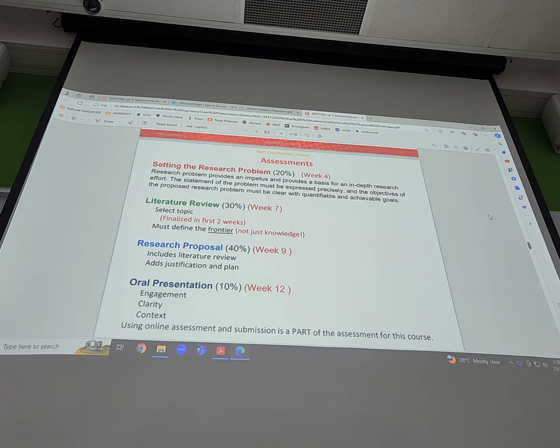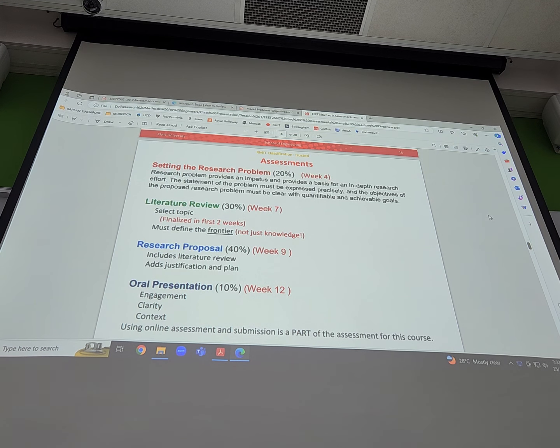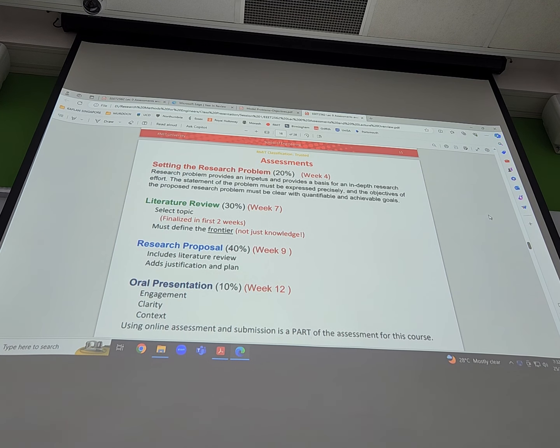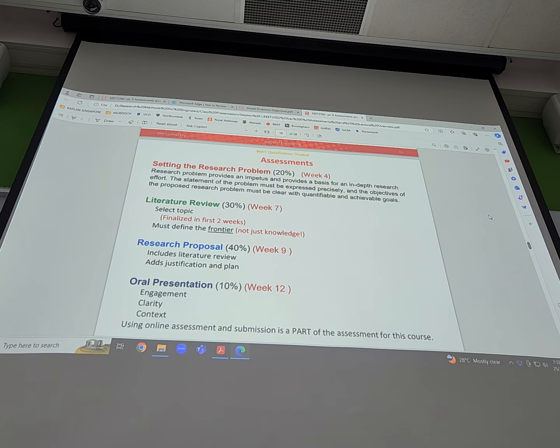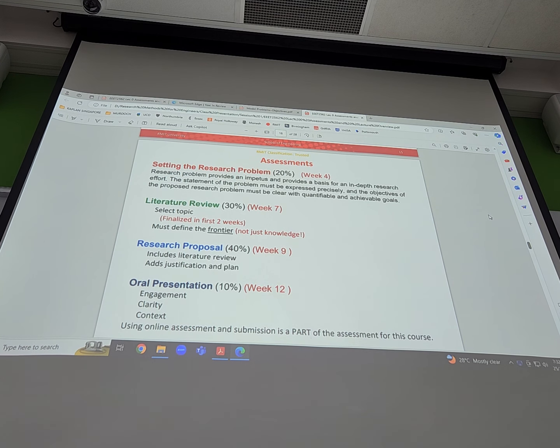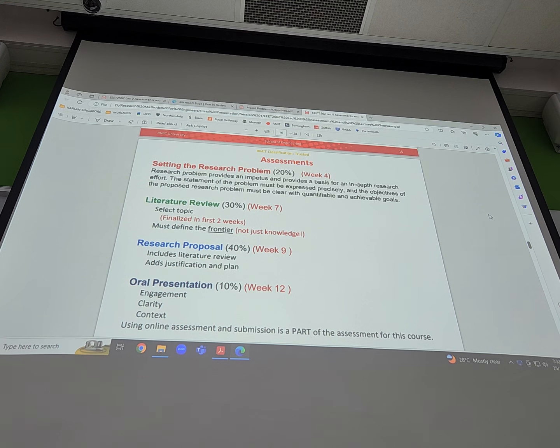Then the next one is the literature review. You can see you have 30% weightage for this. All the deadlines have already been put on Canvas, so you can just follow those deadlines. Then this is your proposal, which has 40% weightage.